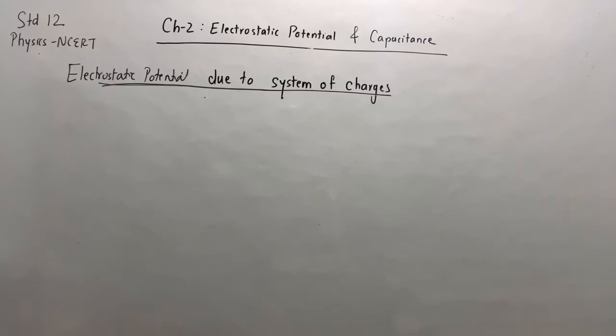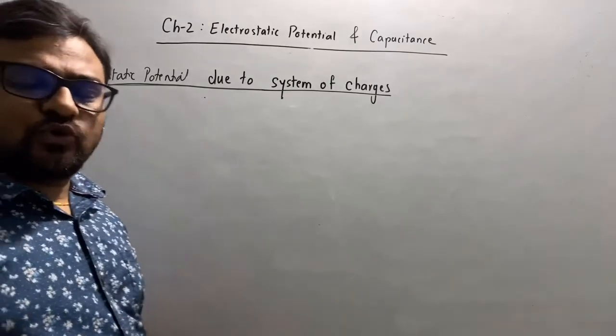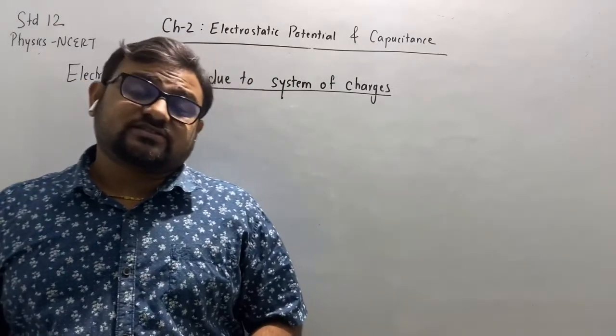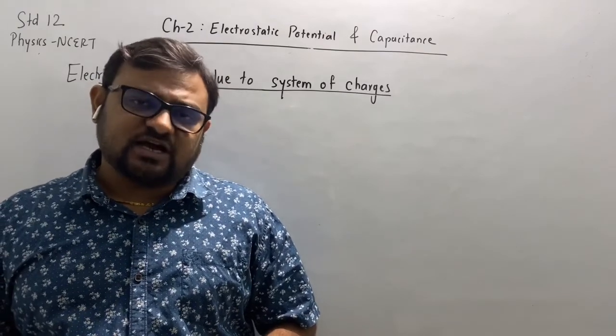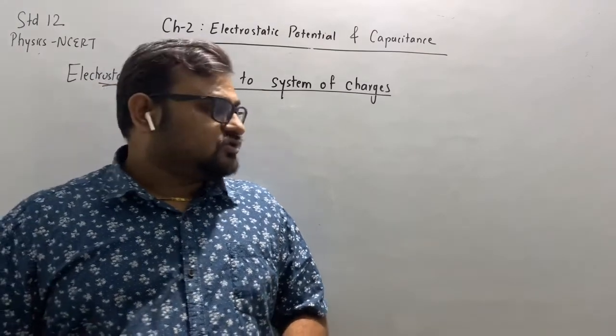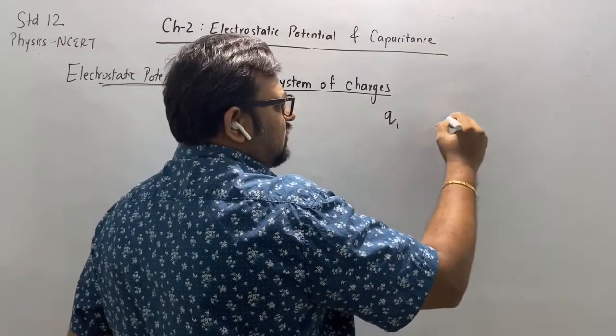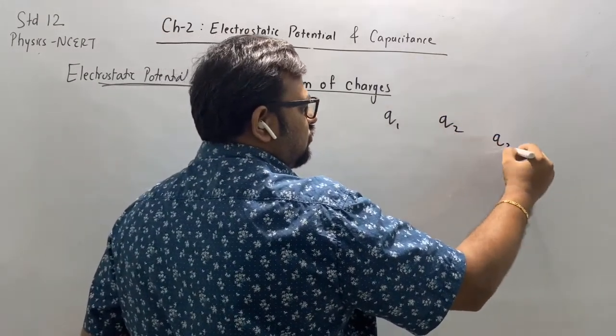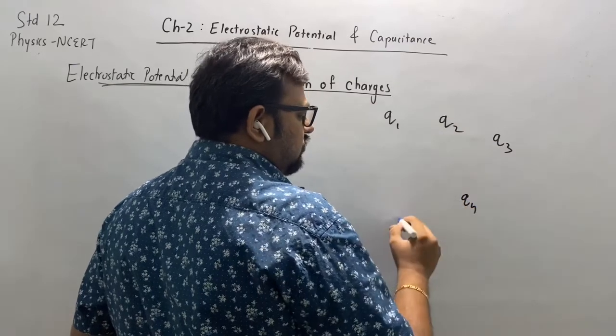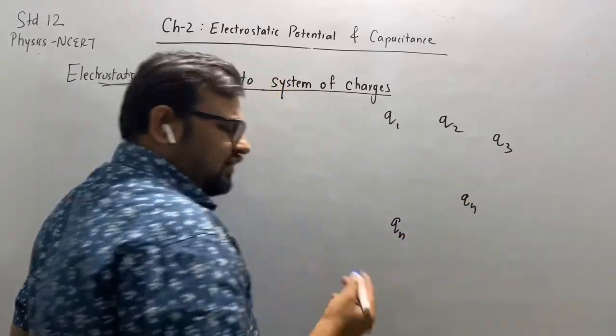The next is electrostatic potential due to system of charges. So now let's take a system of charges Q1, Q2, Q3, Q4 up to Qn.